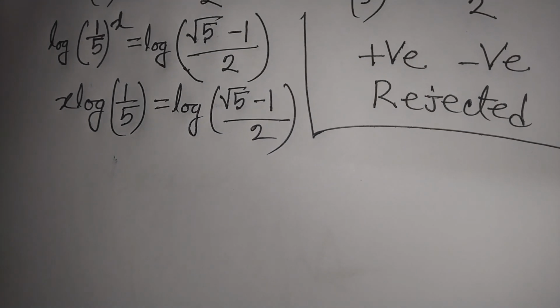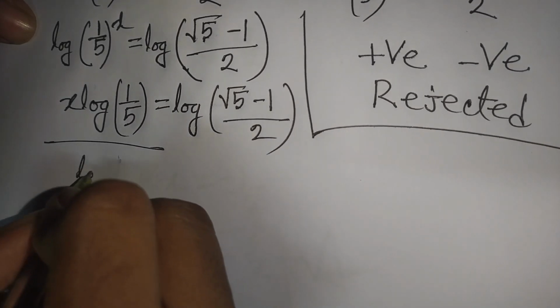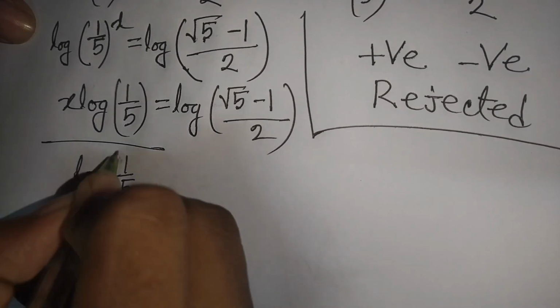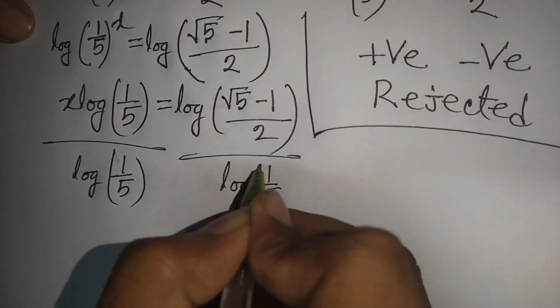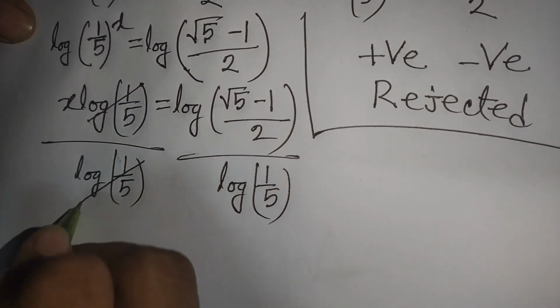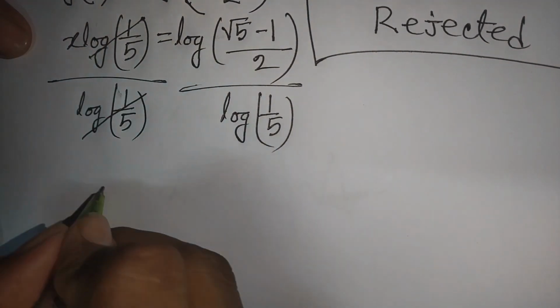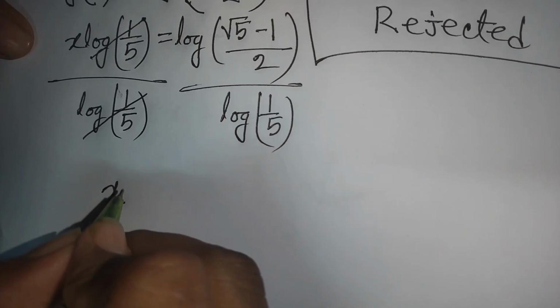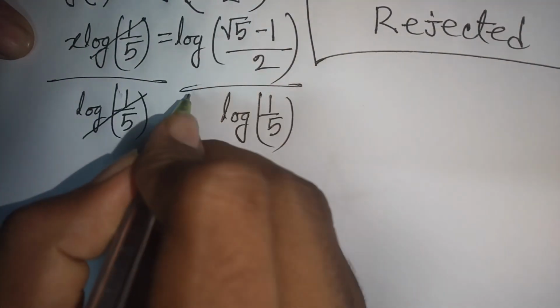Now we need the value of x, so divide by log of 1 by 5 on both sides. So this log of 1 by 5 will be cancelled. So here x is equal to this divided by this.